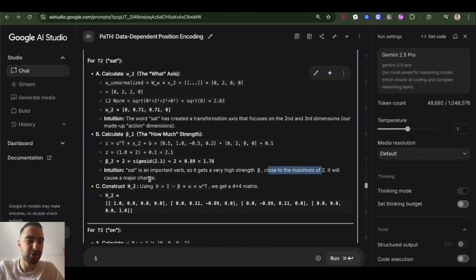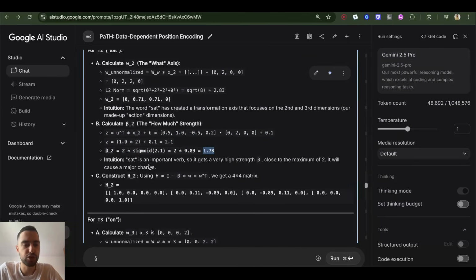The way we calculate it is we take again our token x2 set, and we have some learned weights and bias to get some number in the end. We need to pass that through sigmoid as well. So it's like a single neuron. The whole thing is a neuron that gets us a value at the end.